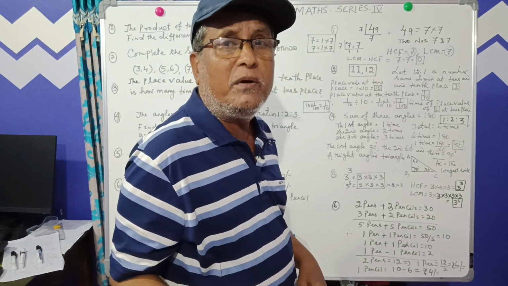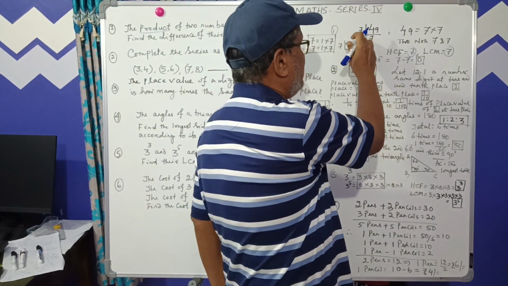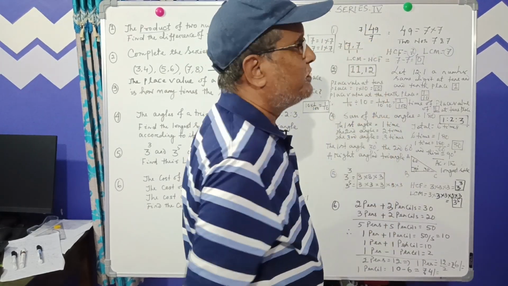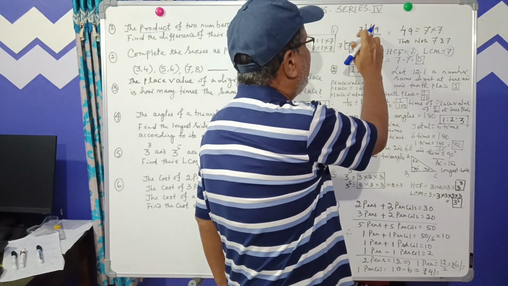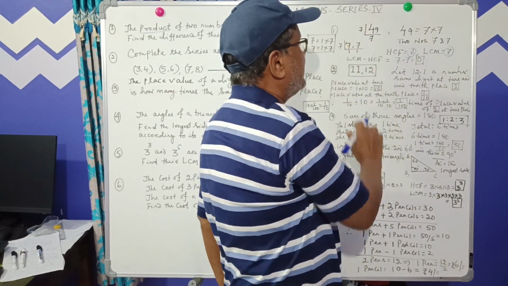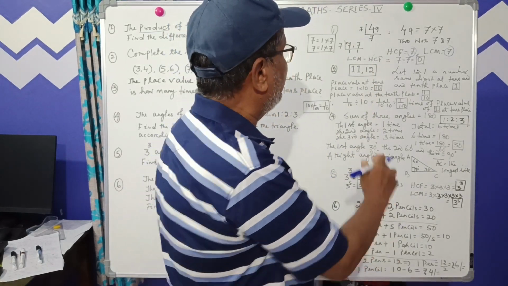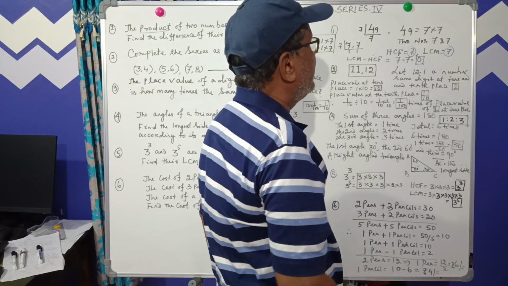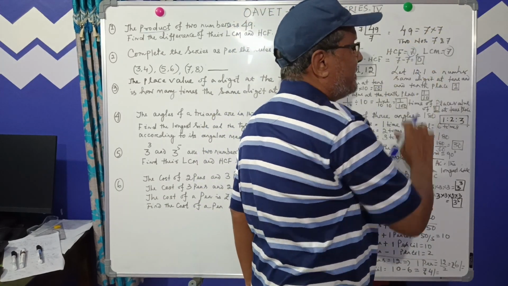The least prime number is 2. 2 doesn't divide. 3 doesn't divide. 4 doesn't divide. 5 doesn't divide. 6 doesn't divide. You see 7 and 7. So we got 2 factors, 7 and 7. So 49 is the product of two numbers, 7 into 7.